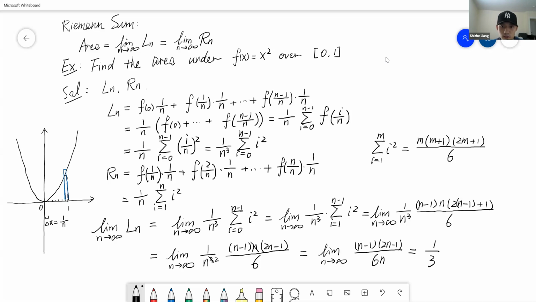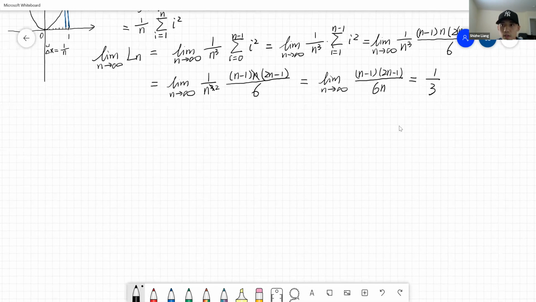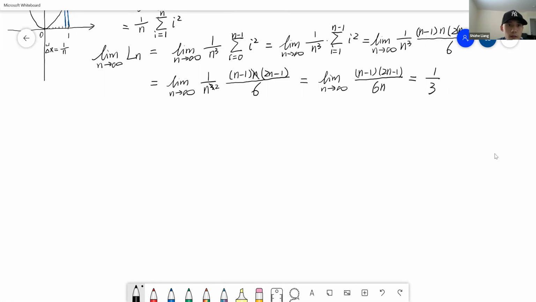All right, so let me move this to the top, and let's compute the limit of Rn.